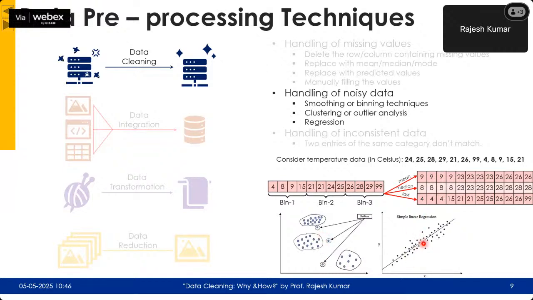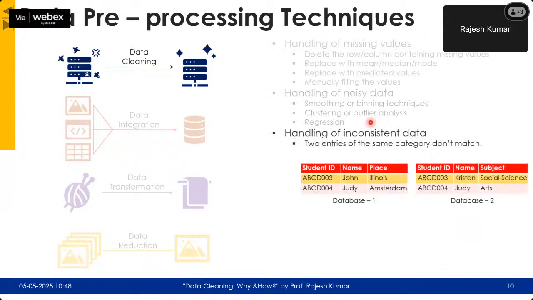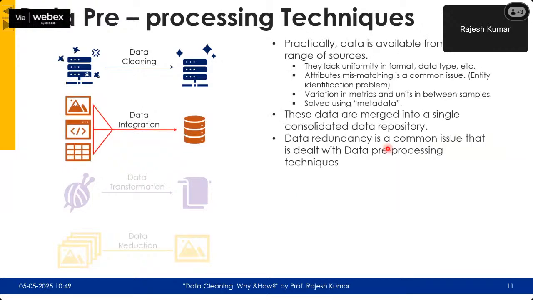You apply a regression and you'll find for some value this one is creating a major drift, maybe that is an outlier, and likewise. Another one is handling inconsistent data, like two entries of the same type but they do not match. Then we need to find similarity arrangements and algorithms, and see whether we can use them to handle such cases.